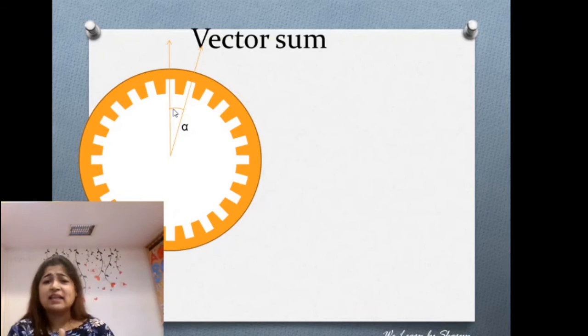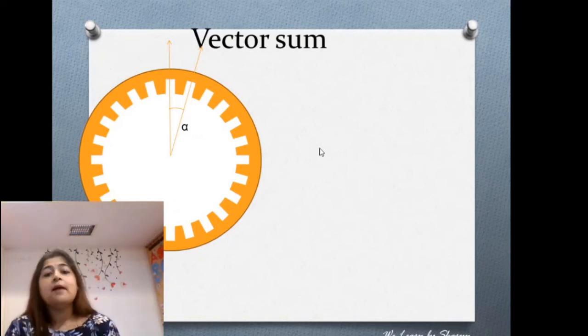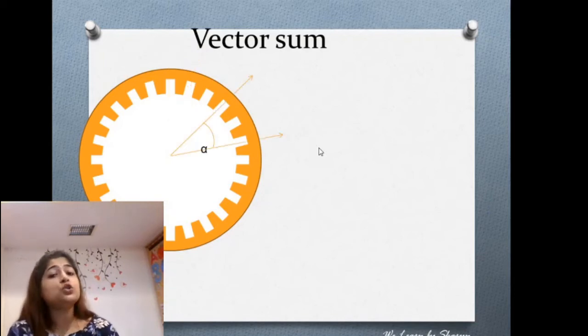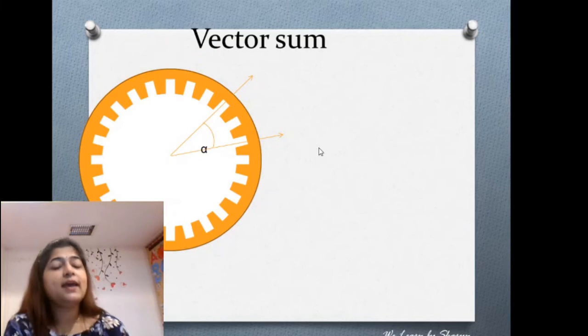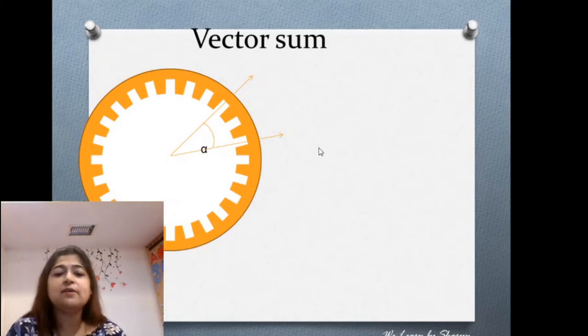But are beta and alpha the same or different? Let's see. If it is shorted by one slot angle, it is alpha. But it is also possible that the coil can be shorted by two slots. If the coil is shorted by two slots, then the angle by which it is shorted is again alpha.